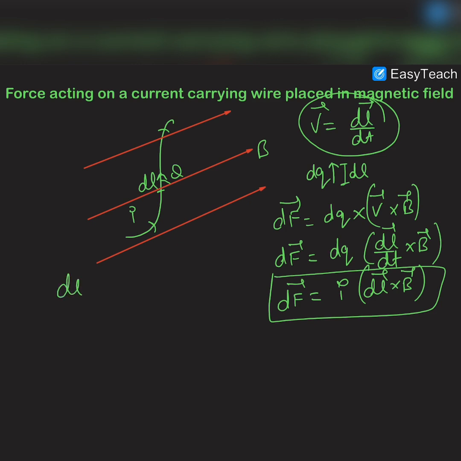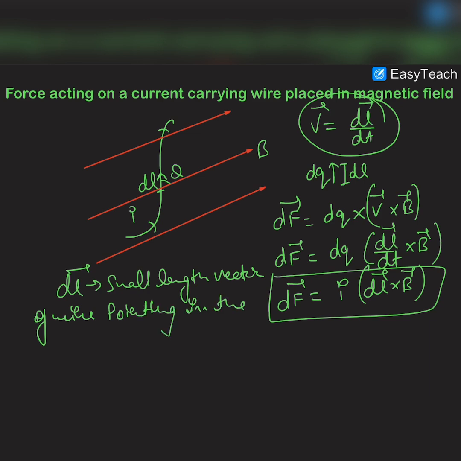Now dl is the small length of wire, or we can write it as a small length vector of wire pointing in the direction of current.